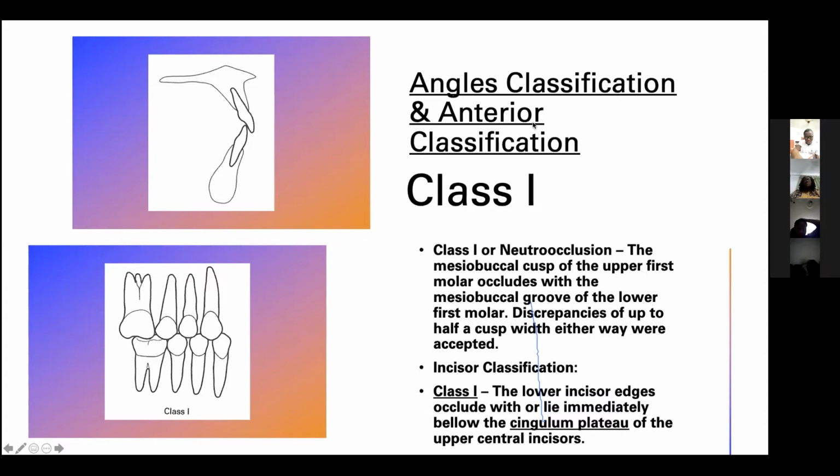And anterior relationship obviously means the relationship of the anteriors, whether it's the central incisors or the canine relationship. So for a class 1, the mesiobuccal cusp of the upper first molar occludes with the mesiobuccal groove of the lower first molar. What this essentially means is the mesiobuccal cusp of the upper first molar occludes with the mesiobuccal groove of the first lower molar.